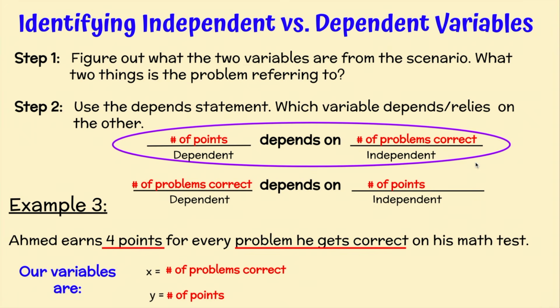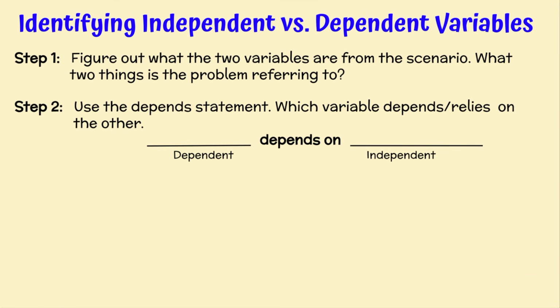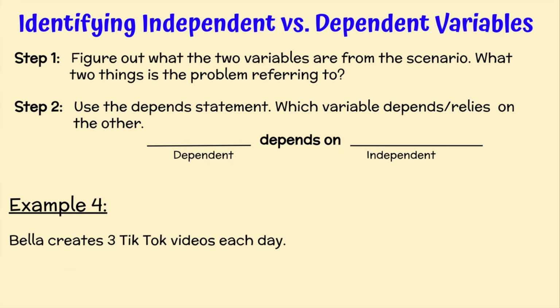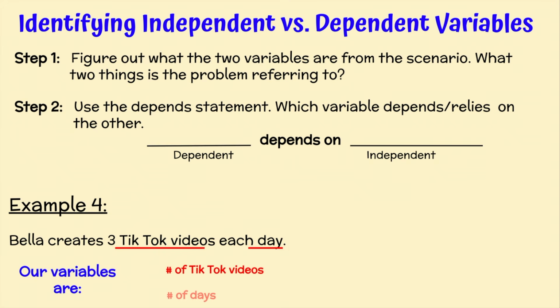Let's try another example. Bella creates 3 TikTok videos each day. What is this problem referring to? TikTok videos and the number of days. So our variables are number of TikTok videos and the number of days. Let's try to plug those into our depends statement.